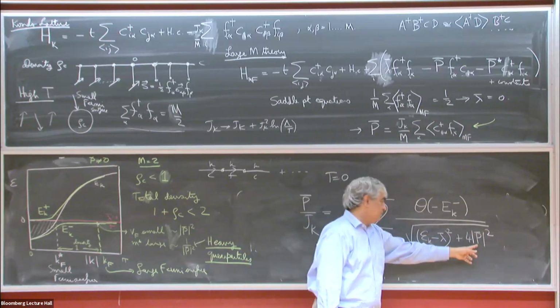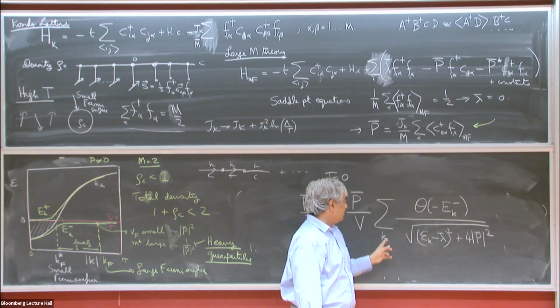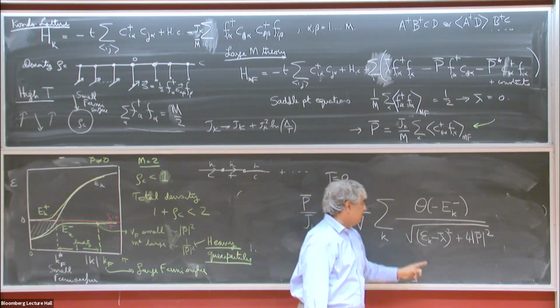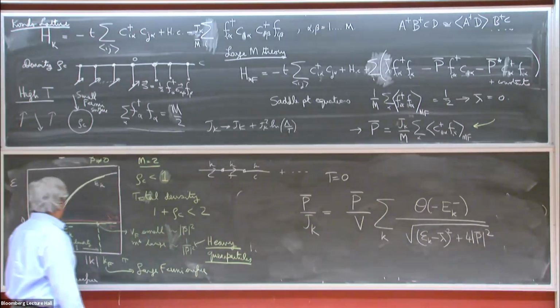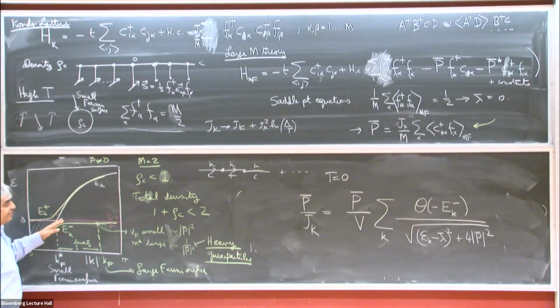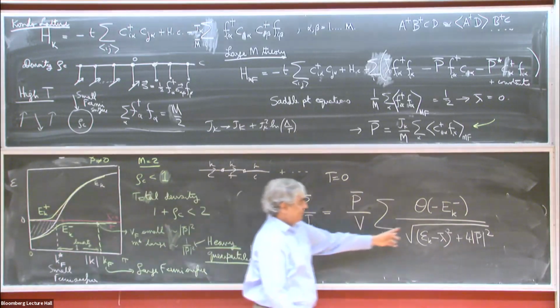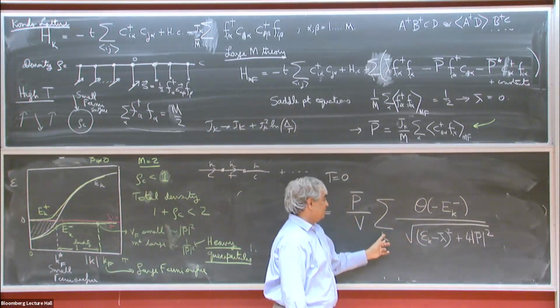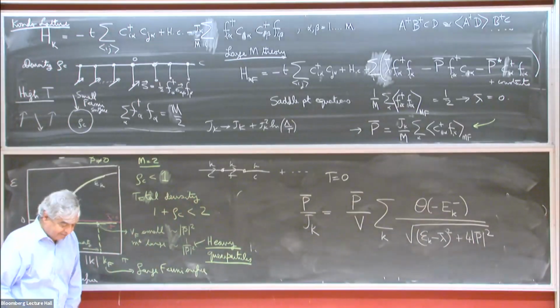As P bar goes to 0, there's a log here associated with the integral of EK. EK is over here. EK minus lambda bar is also somewhere over here. So there's a 0 from here that you have to worry about when you do the integral over K, and that gives you a log divergence. Again, the details are very much in the notes.